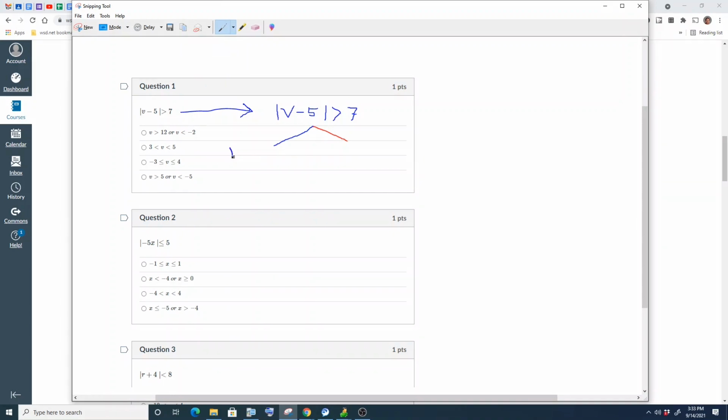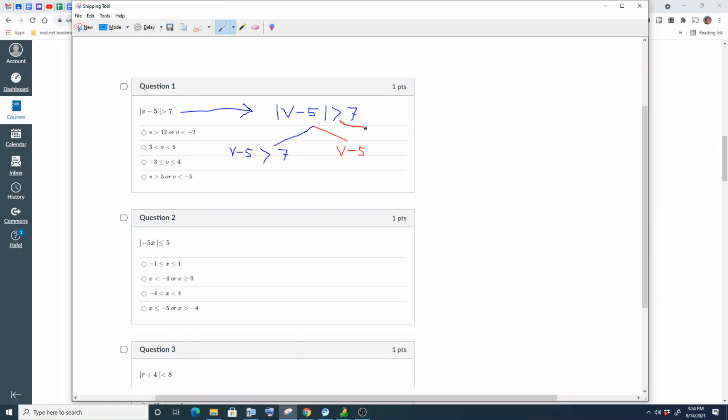So we drop the absolute value. We do v minus 5 is greater than the number 7. And we're going to go ahead over here and do v minus 5. But guess what? We're actually going to change the inequality sign.